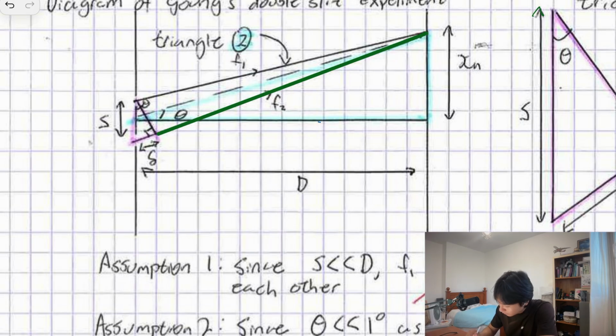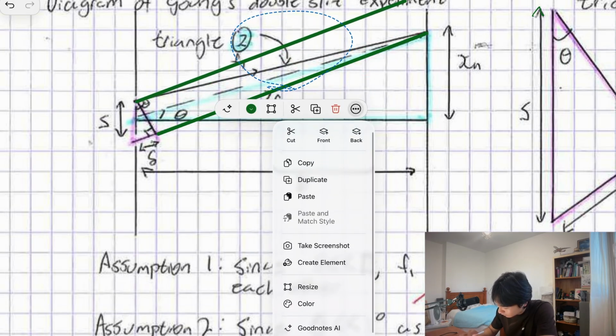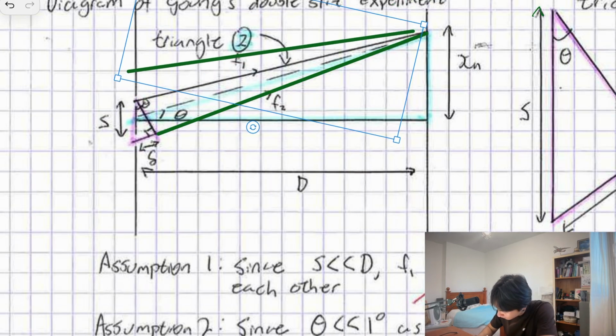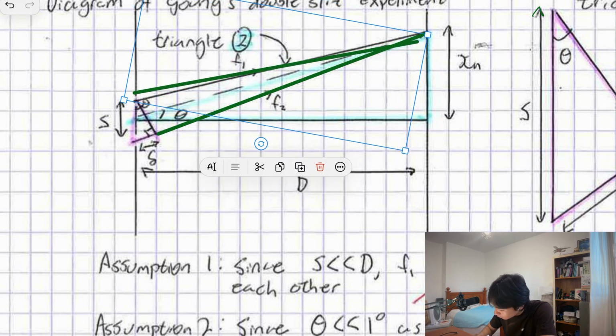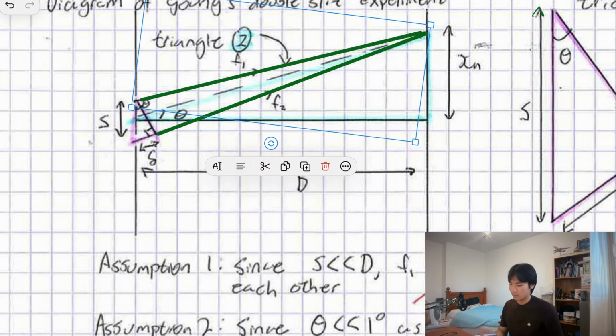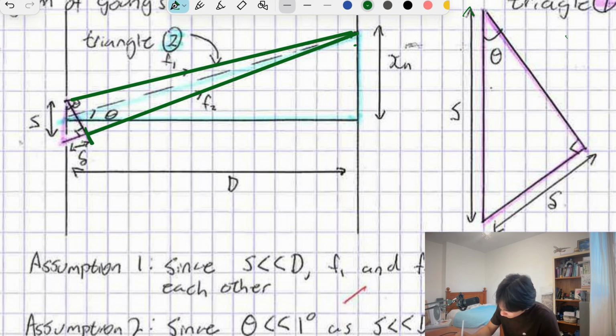We duplicate one more time, and then shift this by maybe this many degrees. Say that they are practically equal. This distance here is equal to this distance here.